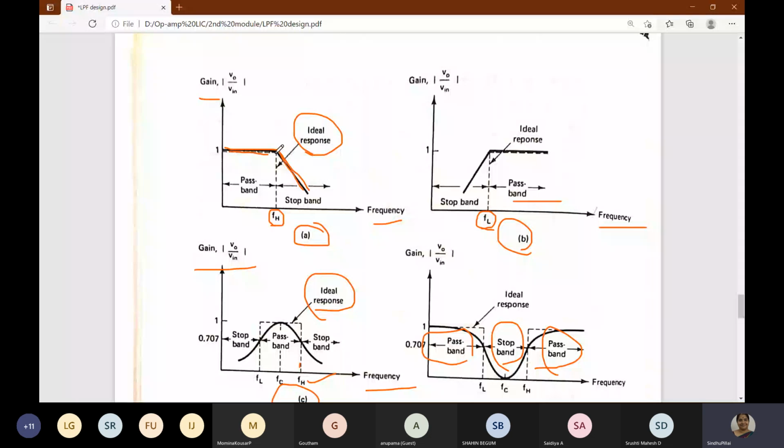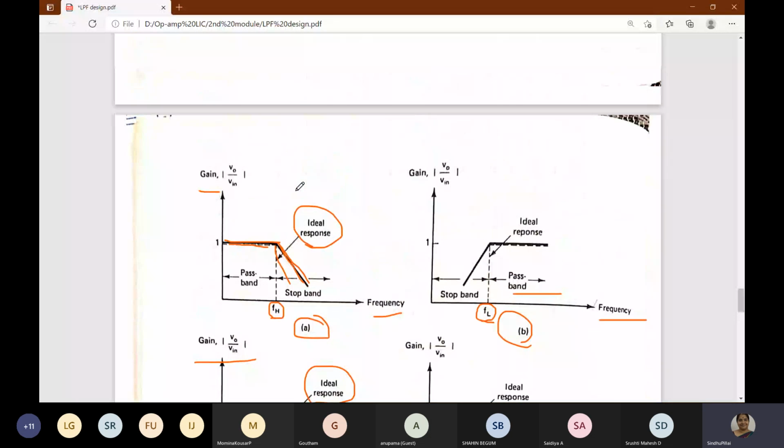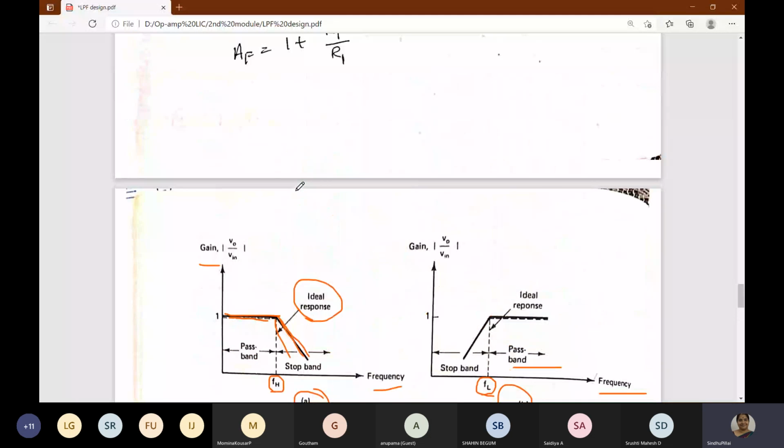If you make it a second order, then the decrease will be very near to the ideal response. It will come to 40 decibels. If you go for third order, it will come to 60 decibels. So increasing the order will bring the filter very close to the ideal response. That you should remember. If very precise filtering is required, they will increase the order, but it will increase the circuit.